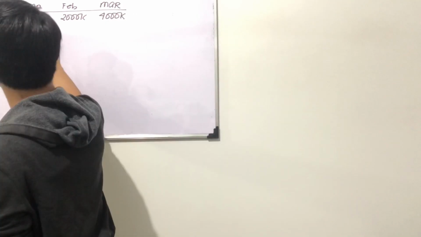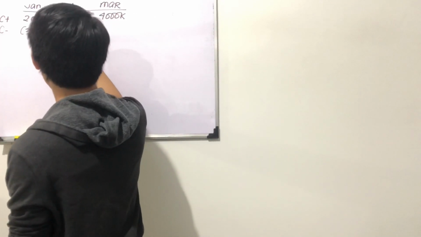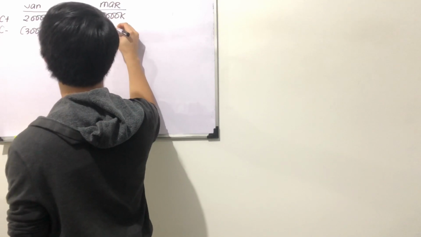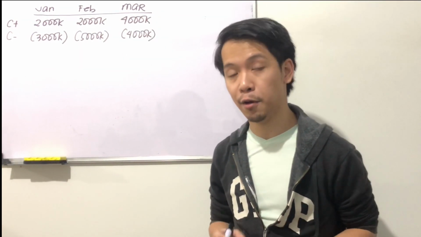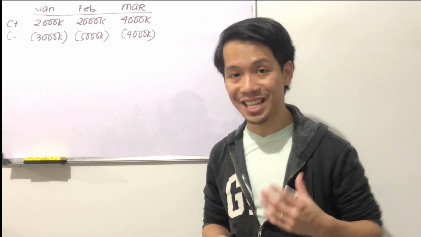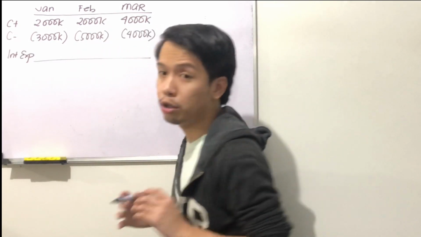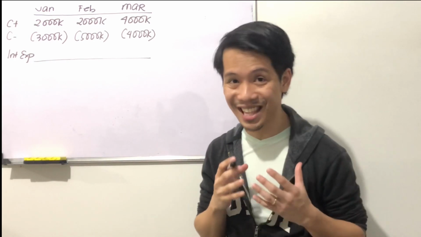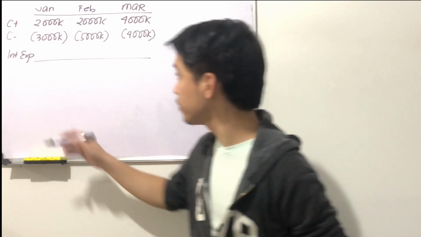Now for the cash outflows, we would have 3 million, 5 million, and 4 million. Let us leave a blank space for the financing cost or interest expense. So we would have the following net cash flows.